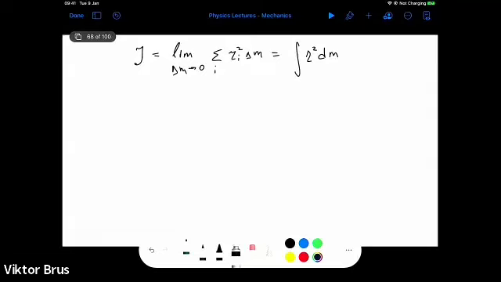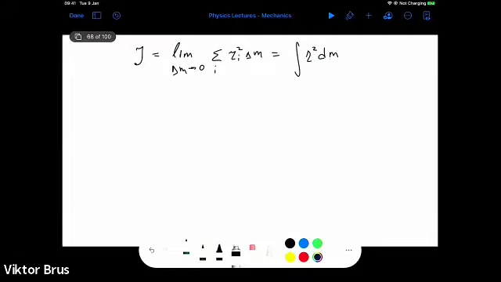In order to go from mass to volume, we need to operate with density. And in general, we can consider 3 cases: 1-dimensional, 2-dimensional when we have some plane, and 3-dimensional when we have literally some volume.